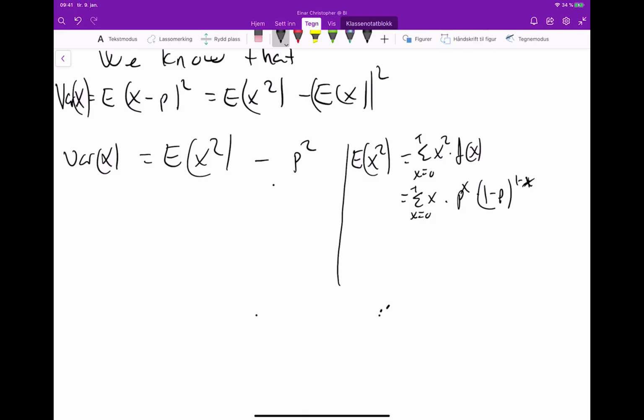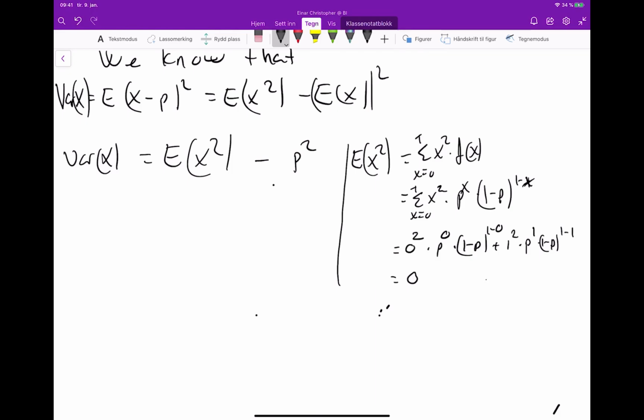And then we can write out the sum. So first x is 0, so then we get 0 in the power of 2 times p in 0 times 1 minus p in 1 minus 0, plus, and then x is 1, so then we get 1 in the power of 2 times p in 1 times 1 minus p in 1 minus 1. And this is 0, because something multiplied with 0 is 0.